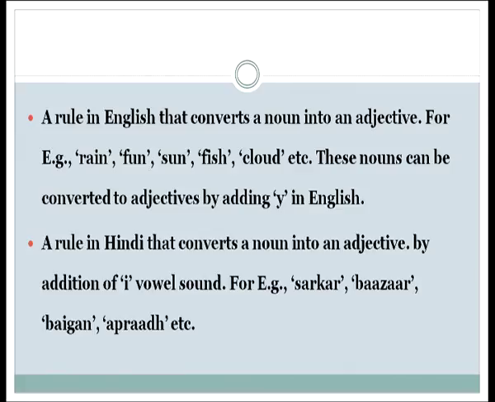Now, similarly, how do we convert a noun into an adjective in Hindi? That is by the addition of the I vowel sound. For example, we have the words sanskar, bazaar, baingan, aparadh. If I add the I vowel: sanskar, sanskari; bazaar, bazaari; baingan, baingani; aparadh, aparadhi.